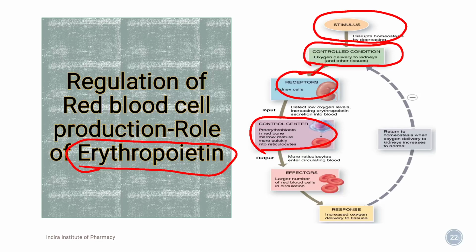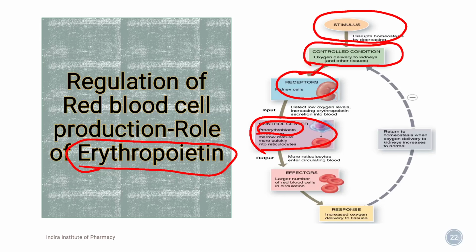It tells the pluripotent stem cell, then the myeloid stem cell, and the pro-erythroblasts in red bone marrow to convert more quickly.